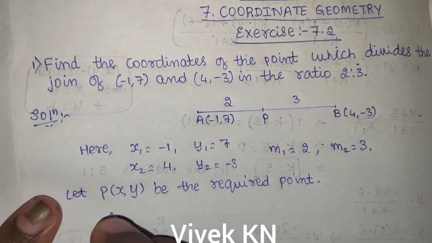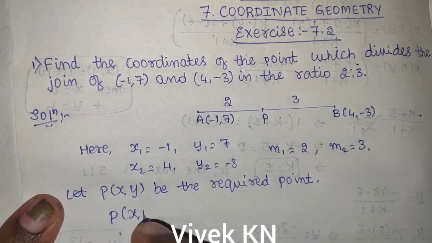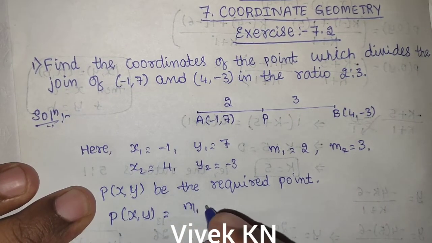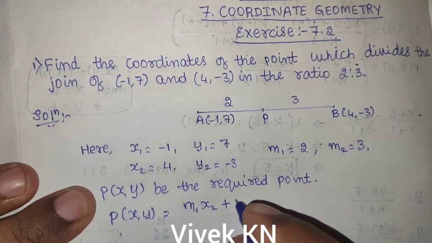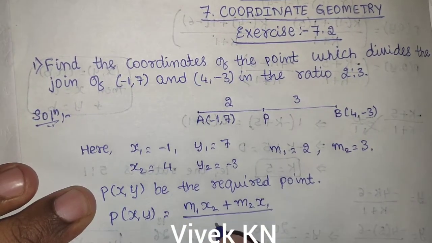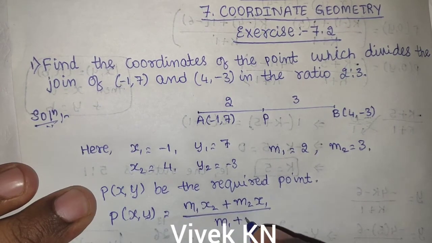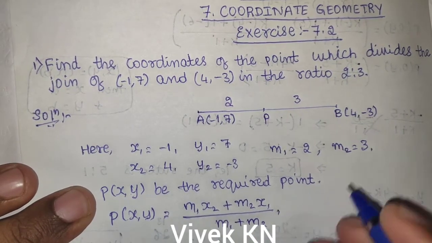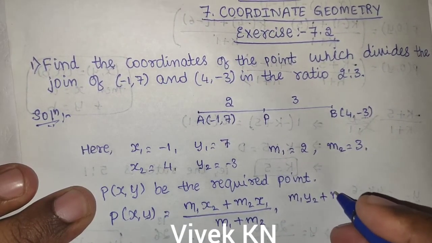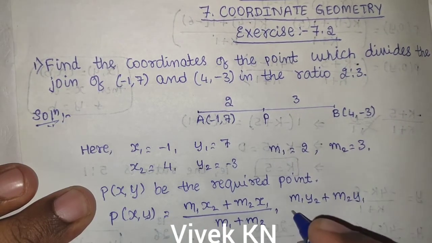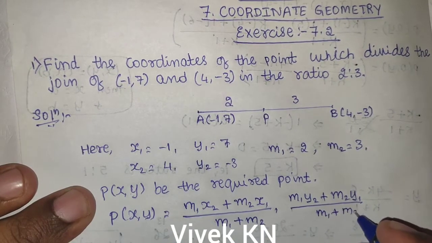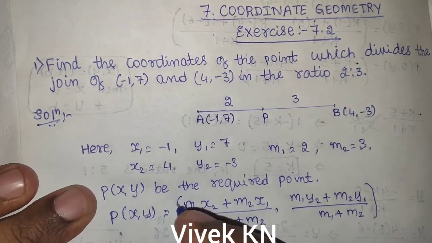So the section formula is given by P(x, y) is equal to (m1 x2 plus m2 x1) divided by (m1 plus m2), comma (m1 y2 plus m2 y1) divided by (m1 plus m2). This is the section formula.